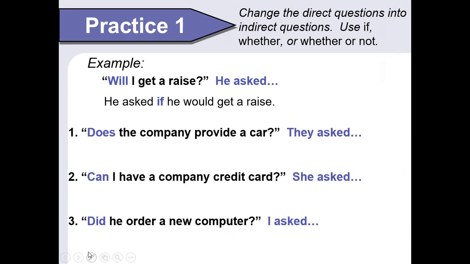What about this one? How can you change it into an indirect question?